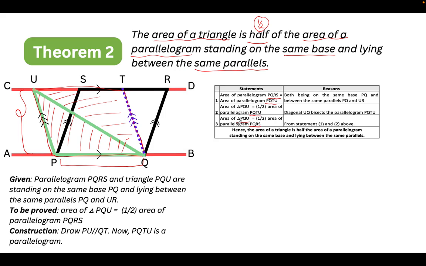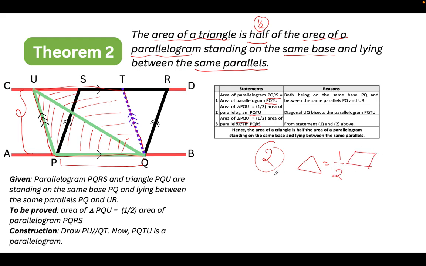So this is the solution of theorem 2, and we have proved theorem 2, which states that the area of a triangle is half the area of a parallelogram standing on the same base and between the same parallel lines. You always need to remember that the two figures are standing on the same base and between parallel lines.